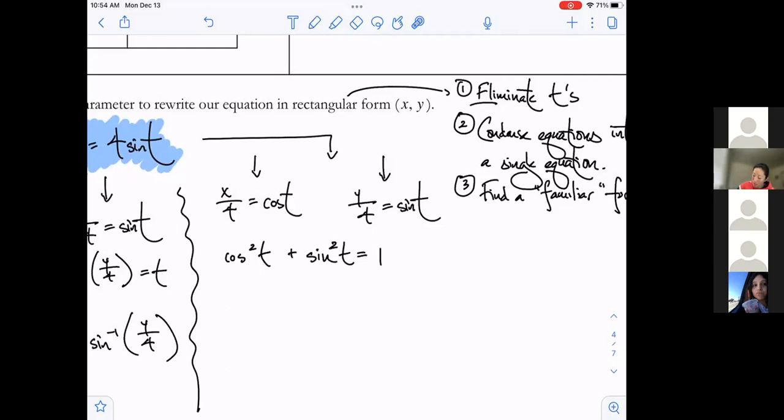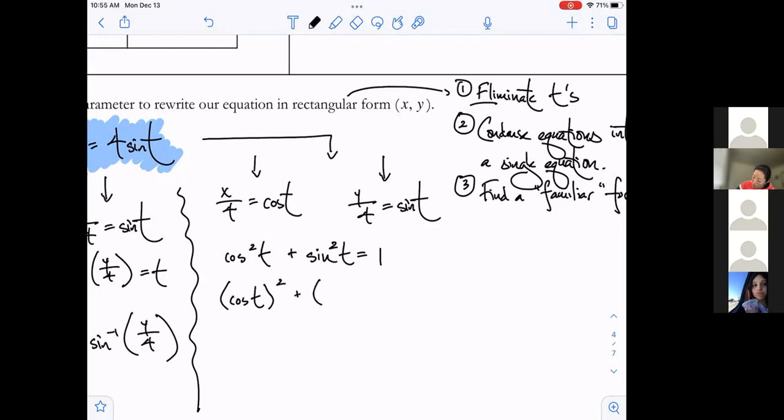Now, what's another way I could write cosine squared t? If I want to really see what it means to say cosine squared, cosine times cosine, or we could even say cosine t squared.